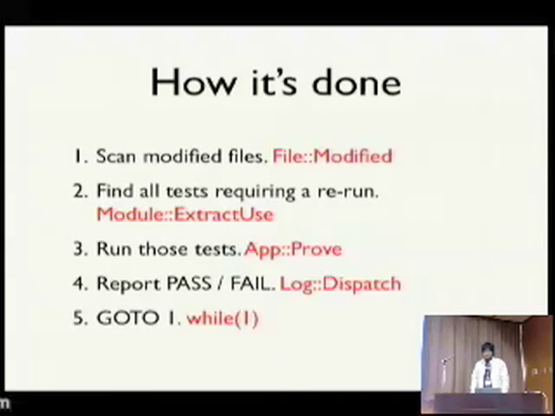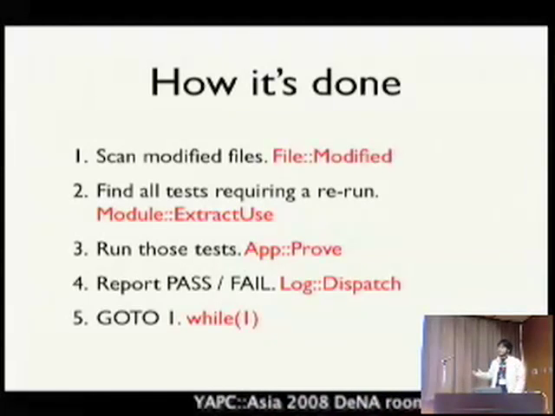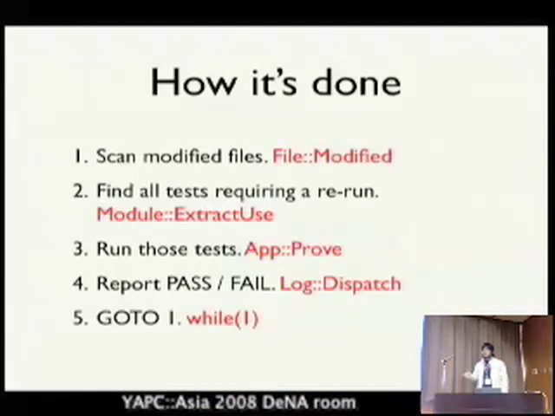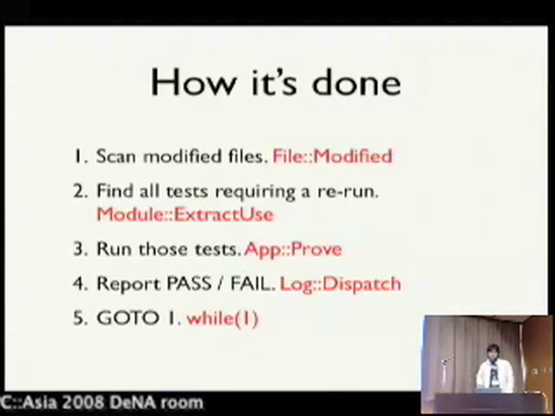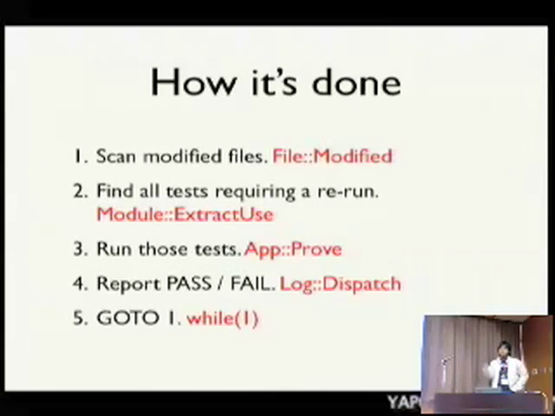So how has it been done? I actually combine a lot of CPAN modules in here. There are many helpful modules. There's a file modified module that provides a blocking API that you can just call, and when it returns, it ensures that some file has been modified. It's a blocking API, so you don't need to do the polling yourself. Then there's a very useful module, Extract Use, that tells you how many modules your program uses.